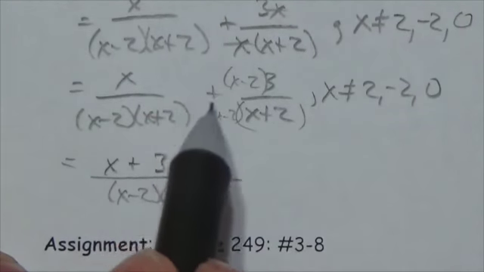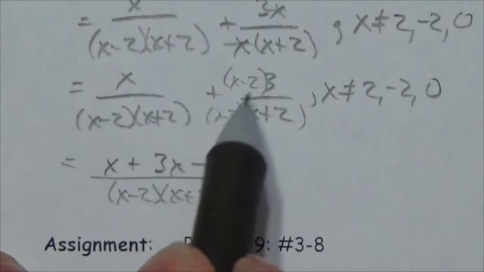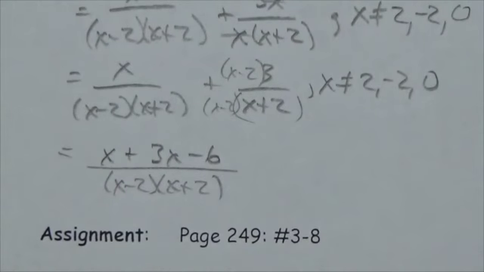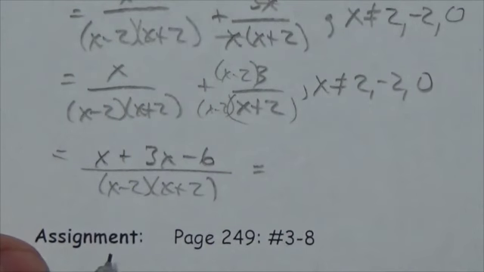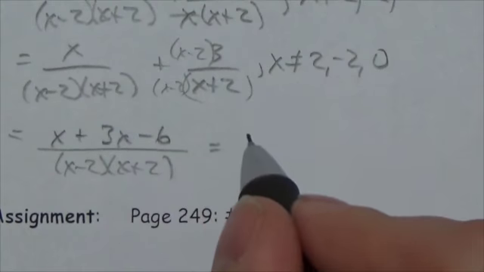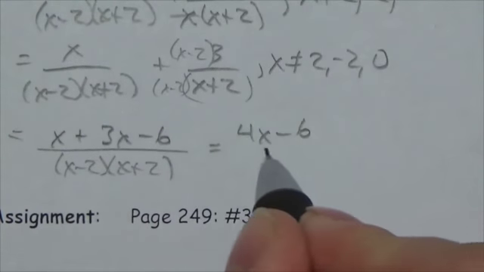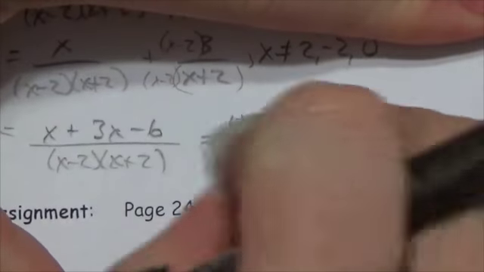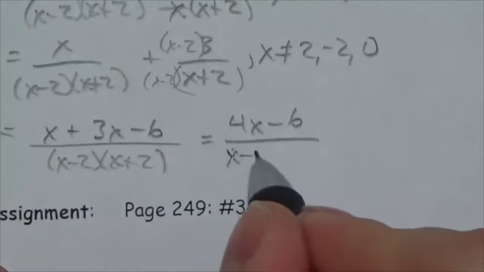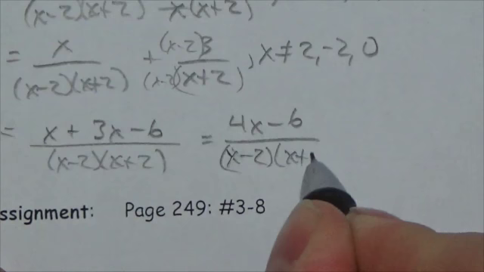And again, at this point, I'm thankful for that addition in between so I don't have to worry about distributing a negative. Putting that all together, now I would have normally liked to move down with this equals, but I'm running out of room here. So this will be 4x minus 6 over, whoops, just put this in the right order. I'm not going to change the order here. x minus 2, x plus 2.